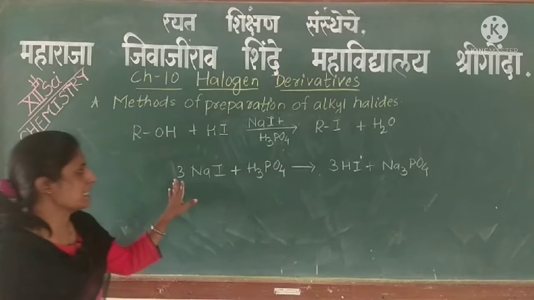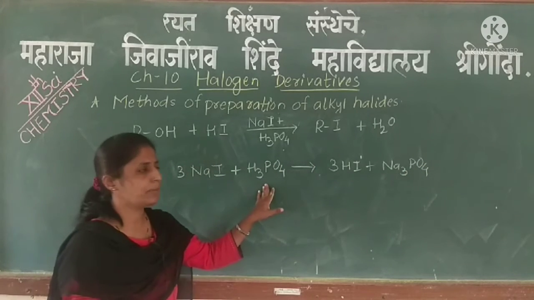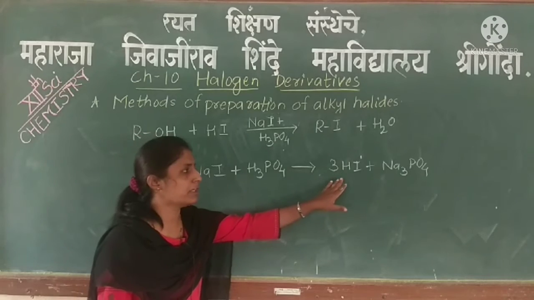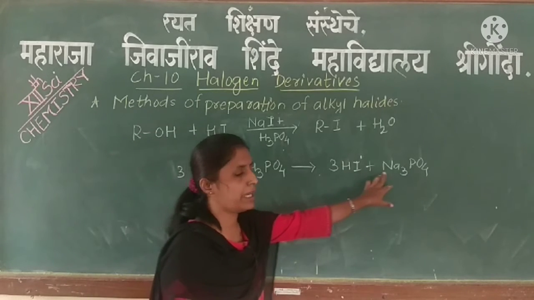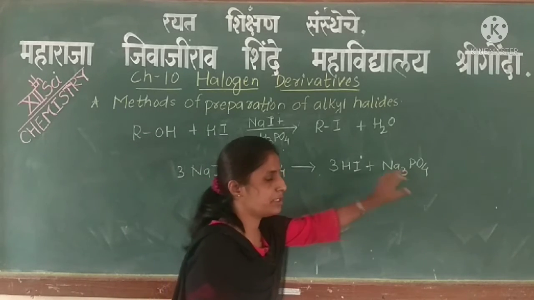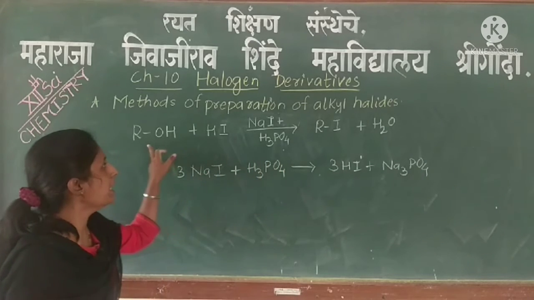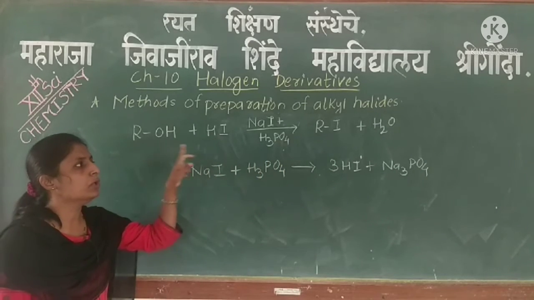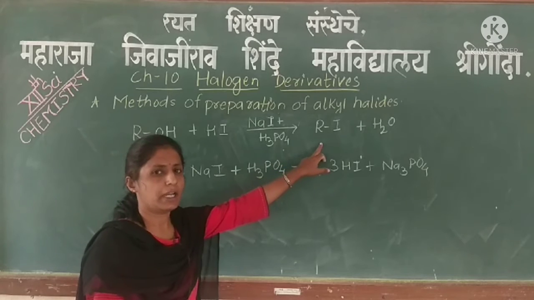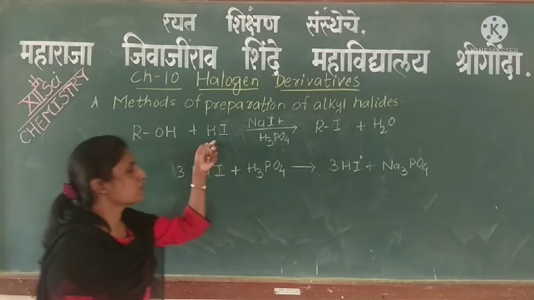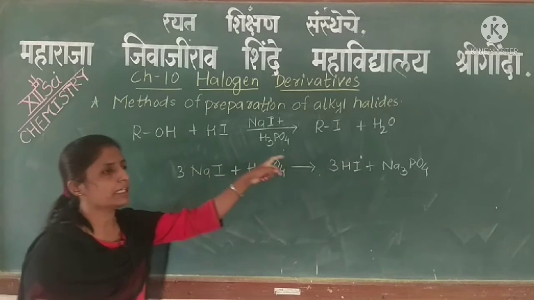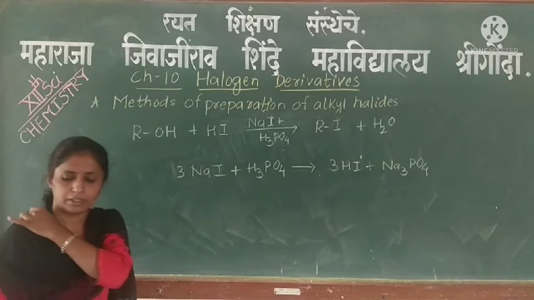So when you mix sodium iodide plus H3PO4 in the reaction mixture, hydrogen iodide and sodium phosphate are generated. And this hydrogen iodide reacts with alcohol to give you alkyl iodide.